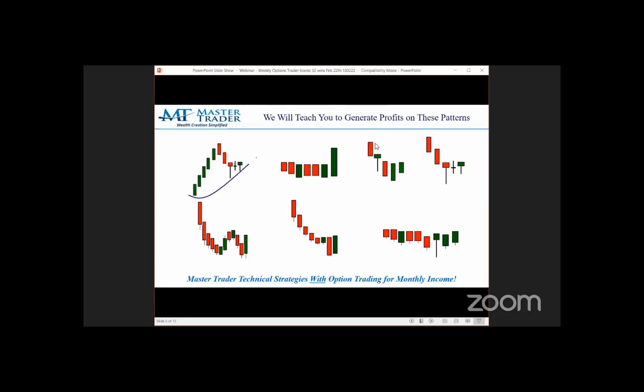These are all bullish patterns, and it depends on multiple time frames of how long we're happy to be in the trade. But we're focusing on selling the short-term ones. So these are all beautiful short-term strategies, which we obviously teach in our Master Trader Technical Strategies course, MTS.